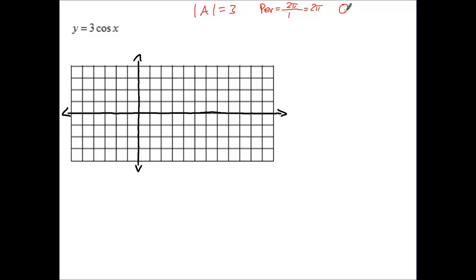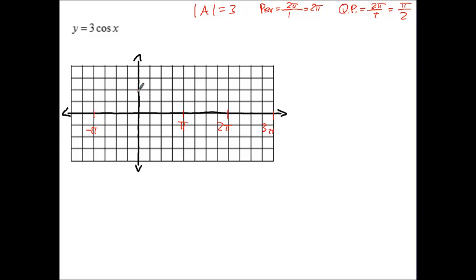And that means that the quarter period is 2 pi over 4, or simplified, pi over 2. Now let's label our coordinate plane. 4 boxes is pi, another 4 is 2 pi, another 4 is 3 pi, 4 to the left is negative pi.